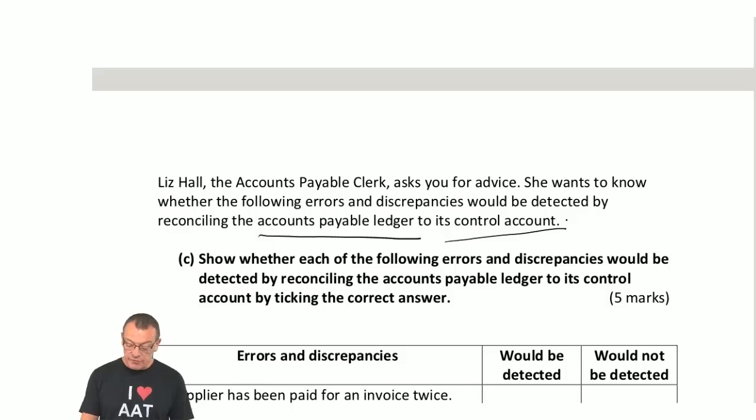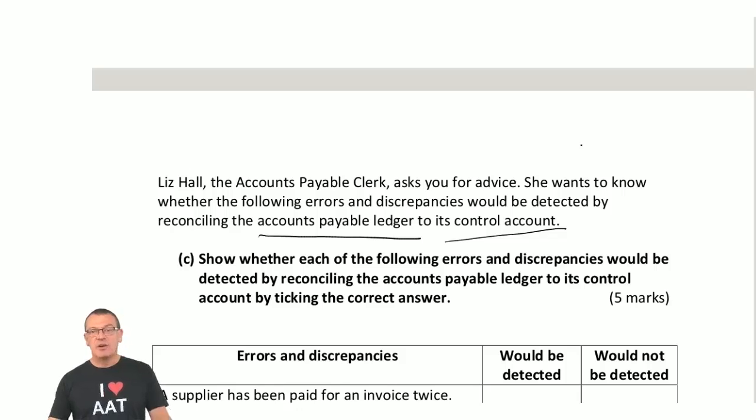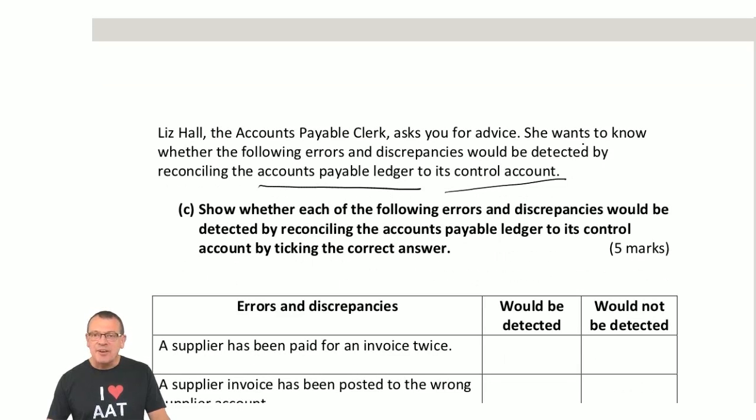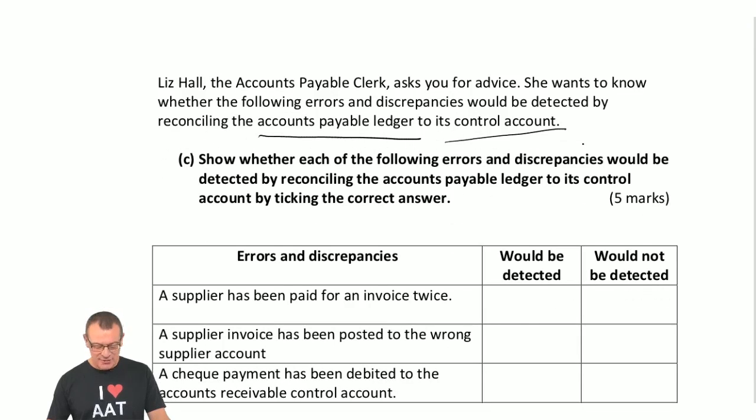Show whether each of the following errors and discrepancies would be detected by reconciling the accounts payable ledger, which we've underlined, to its control account by ticking the correct answer. At the end of the month, very likely a control account is going to be produced. Would these errors be detected? She's an accounts payable clerk looking for a little bit of mentoring, hence the work-based scenario.